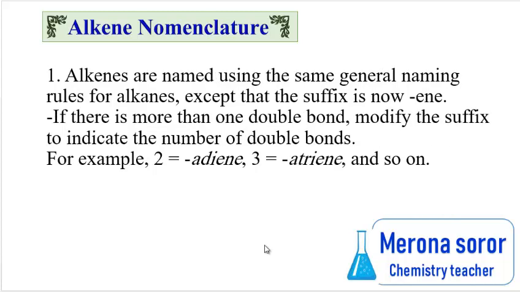Step number 1. Alkenes are named using the same general naming rules for alkanes, except that the suffix now is "-ene". If there is more than one double bond, modify the suffix to indicate the number of double bonds. For example, 2 equals diene, 3 equals triene, and so on.